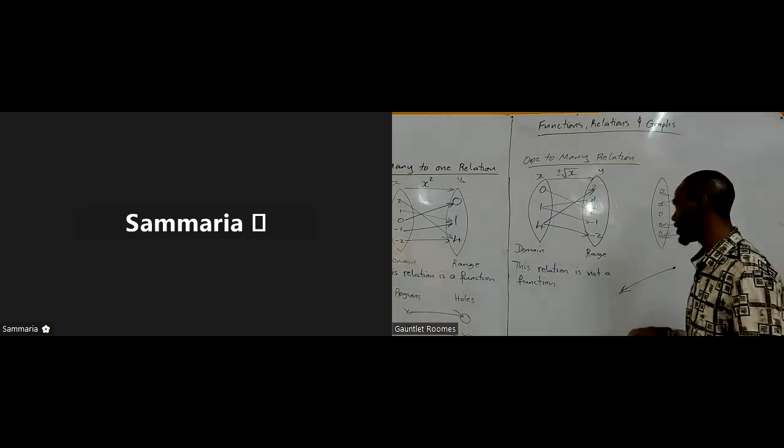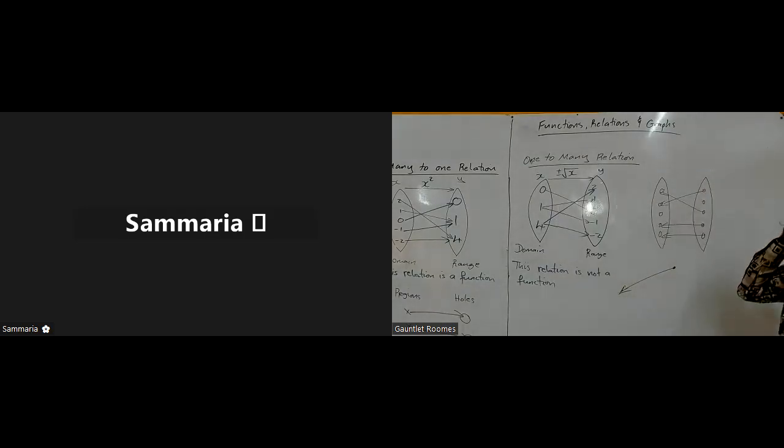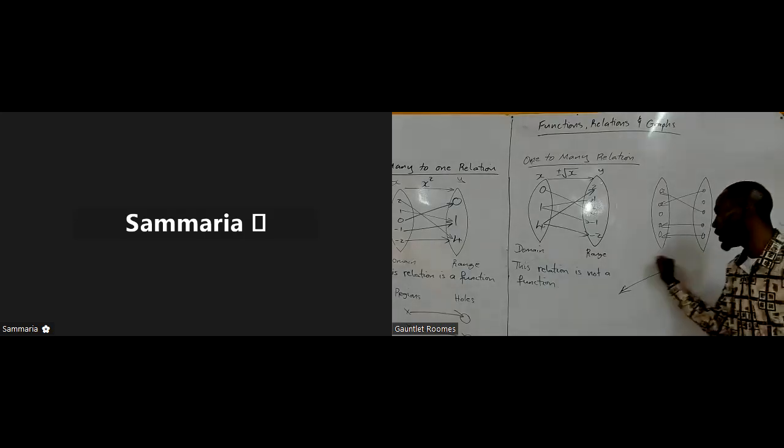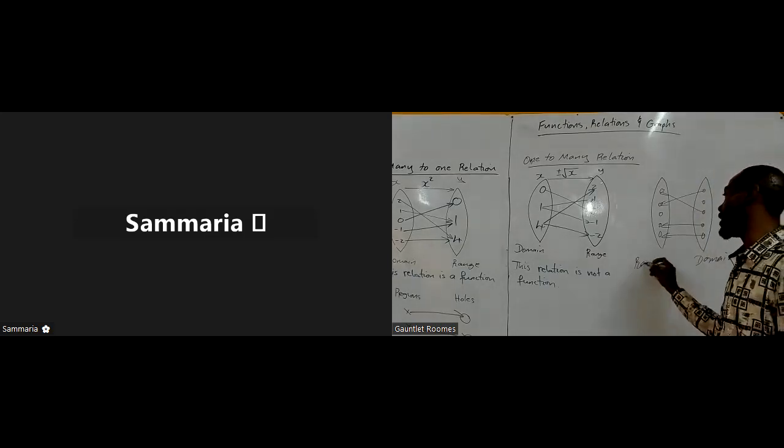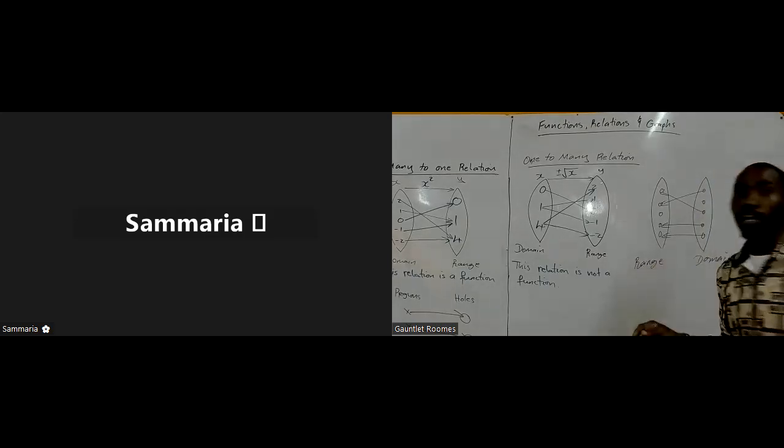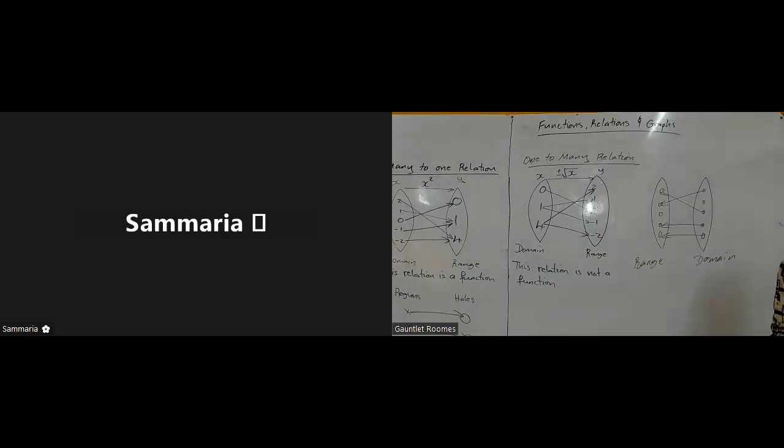And you will see it as we go further and further in this topic. So it means that it is possible that the diagram can look like this, where the domain is on the right and the range is on the left.